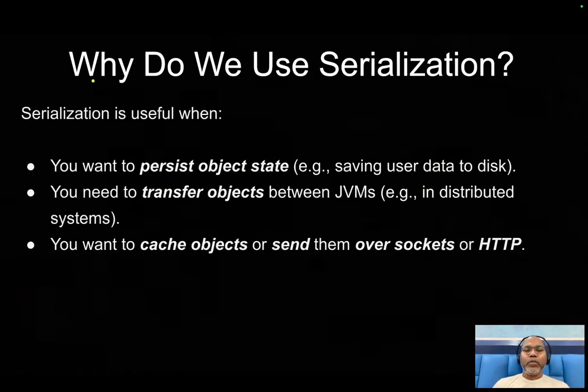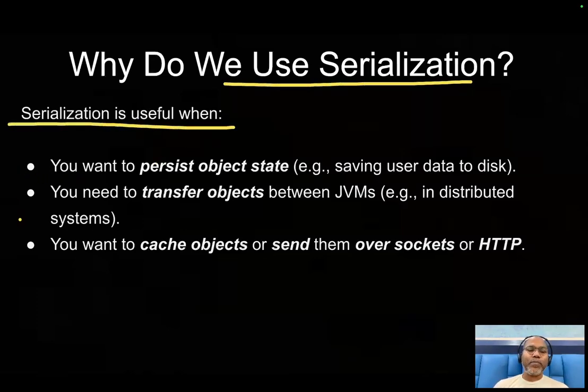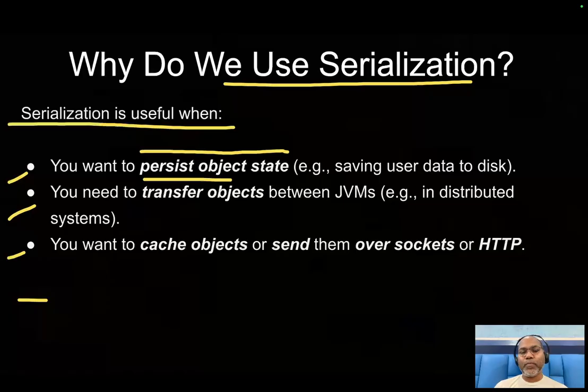Okay, so let's look at some more use cases of serialization. Serialization is useful in a couple of scenarios. I'm not going to talk about everything, but a couple. First, as I mentioned, whenever you want to persist the object state, be careful, we are talking about the object state. State means, for example, employee 1, employee 2, employee 3.